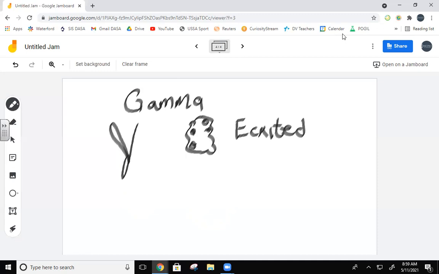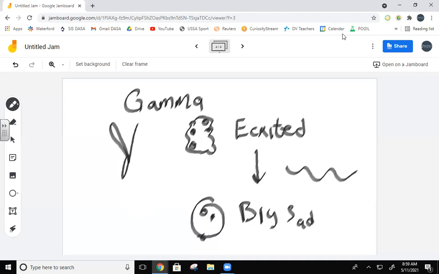And then when it becomes less excited, this is the big sad nucleus. It sends out a gamma wave, which is just like light, just really high energy light. It's light that will go straight through you and completely destroy your DNA and kill you. Gamma radiation is the dangerous stuff.